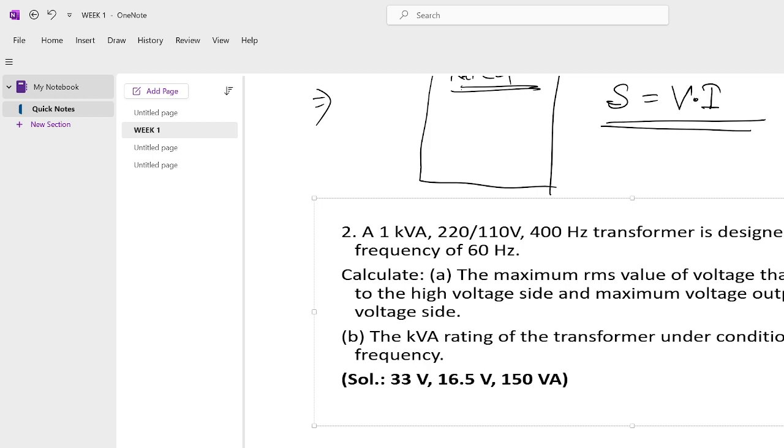Calculate the maximum RMS value of voltage that may be applied to the high voltage side and the maximum voltage output of the low voltage side. Also, the kVA rating of the transformer under conditions of reduced frequency. Please start attempting. I'll give you 2 to 3 minutes before I provide you with the solution.